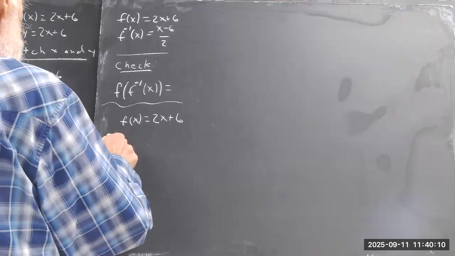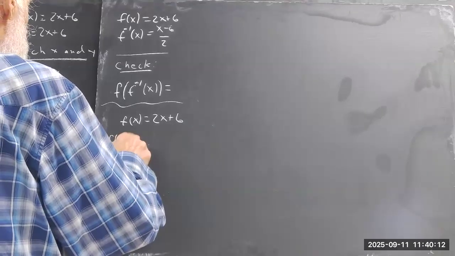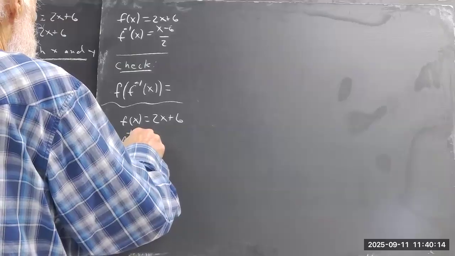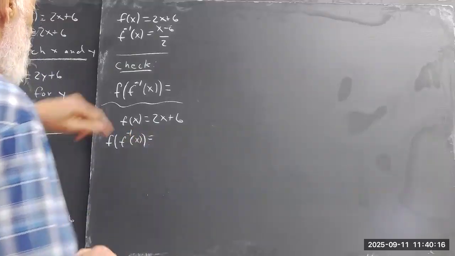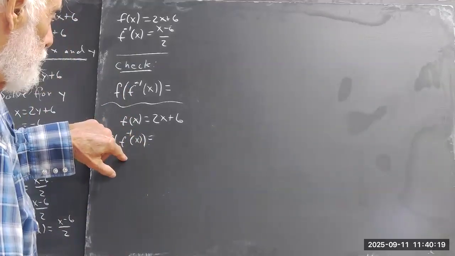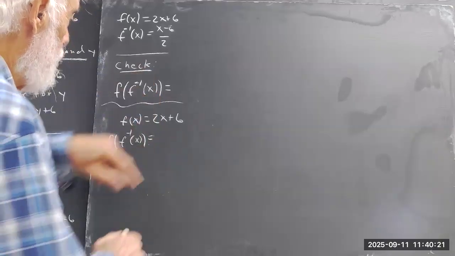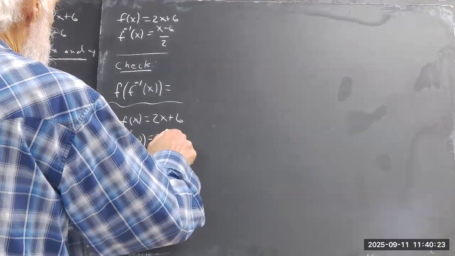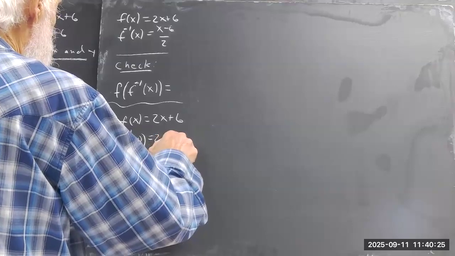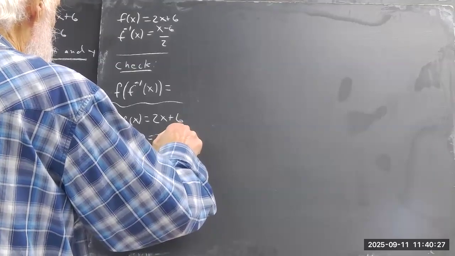Now, if we write f of f inverse of x, then we've replaced x by f inverse of x, and we've got to replace this x by f inverse of x.